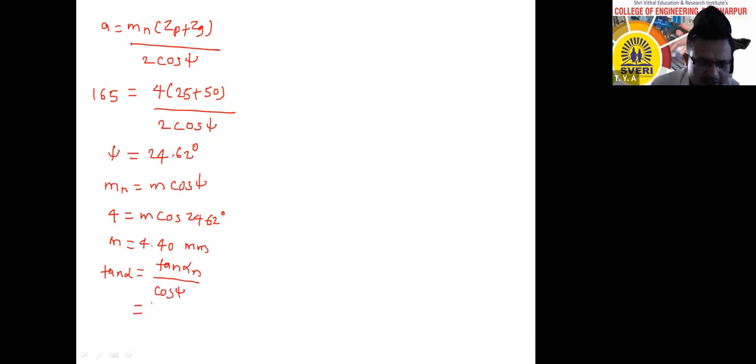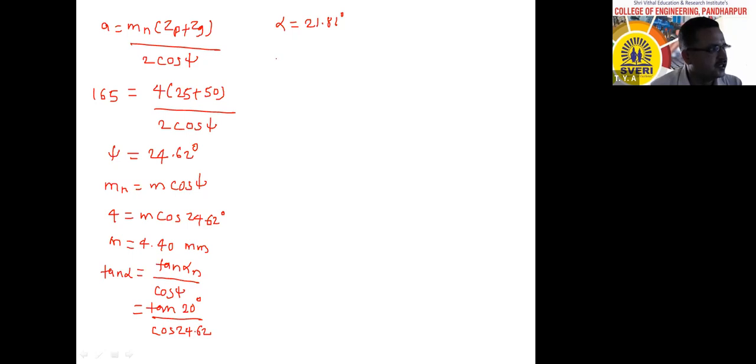Tan of alpha n 20 degree divided by cos of 24.62. What is the value of alpha? 21.81.